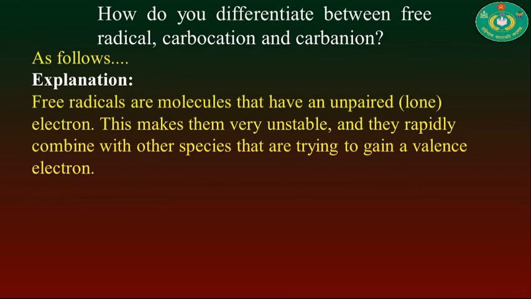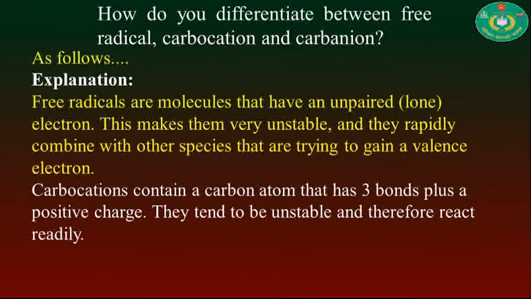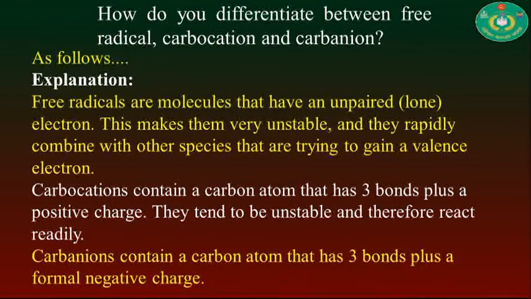This makes them very unstable and they rapidly combine with other species that are trying to gain a valence electron. Carbocation contains a carbon atom with a positive charge, and carbanion contains a carbon atom with a negative charge.